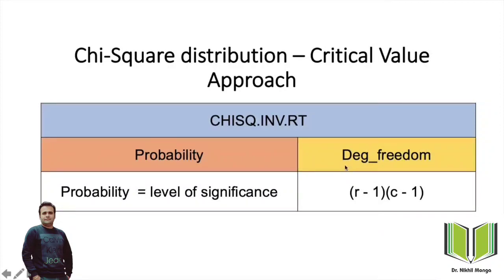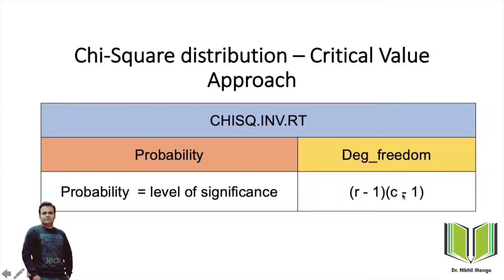So let's say we are using a level of significance of 5%, that is 0.05. That will be your probability. And your degree of freedom, the formula, I explained in the previous classes also, is row minus 1 into column minus 1. So this is the formula to calculate the degree of freedom.